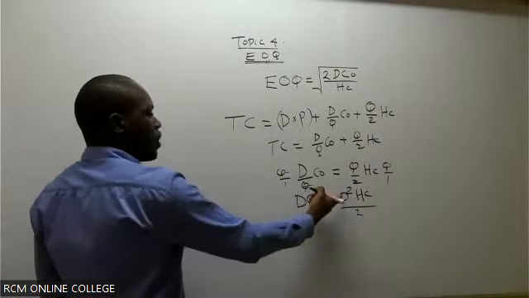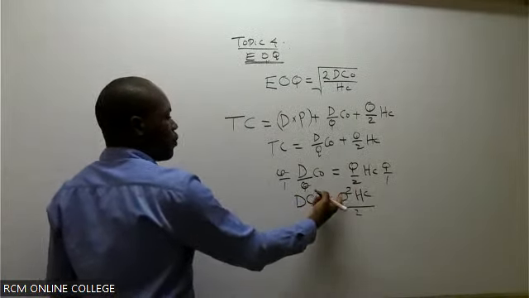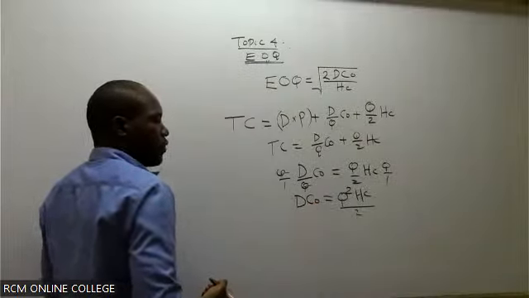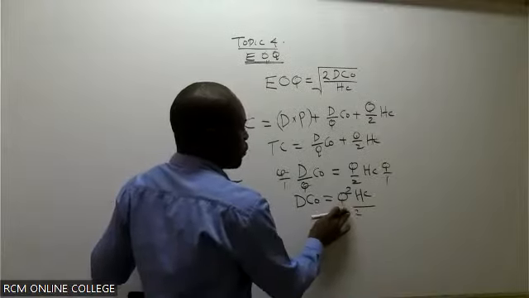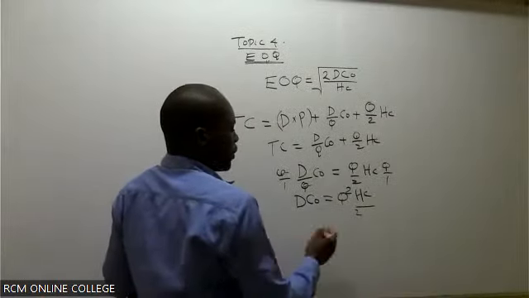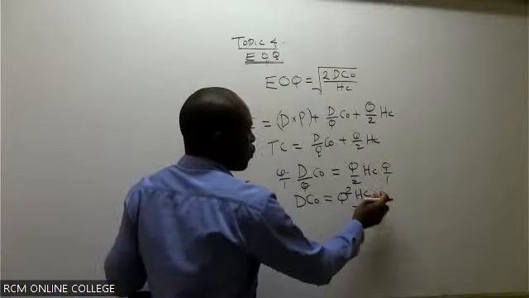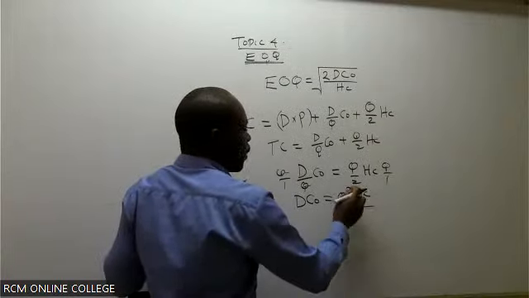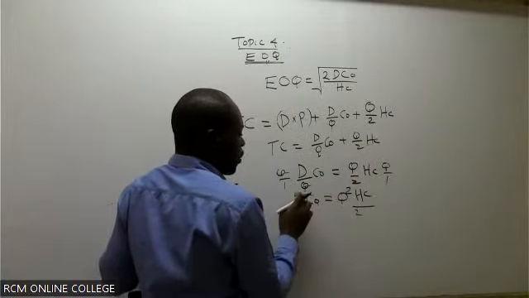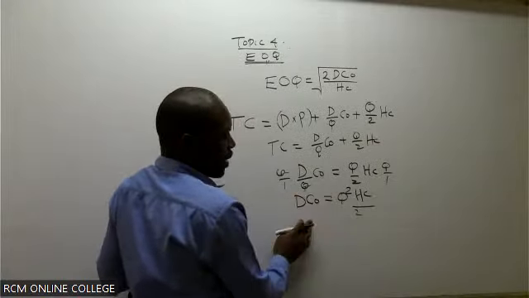Remember, my interest here is to have Q, not Q squared. So holding cost divided by 2, multiplied by quantity squared, is equivalent to demand multiplied by ordering cost.